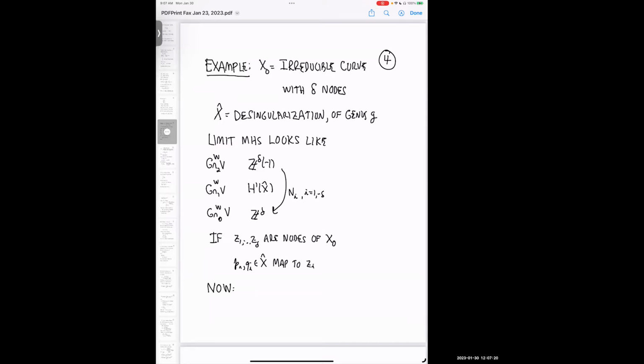The graded pieces look like: a graded 0 piece that's Z^delta, and a graded 2 piece that's Z^delta(-1). The N_i's map between these, and then the graded first piece is just H^1 of the desingularization.